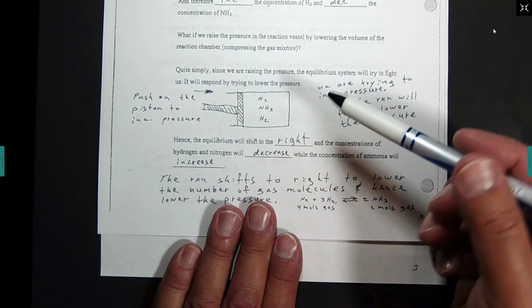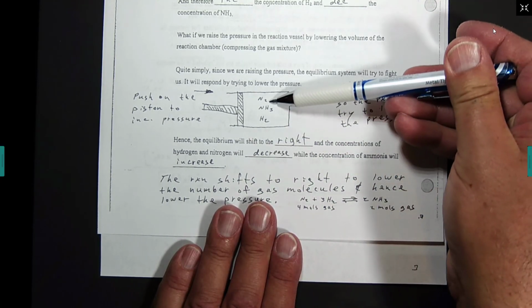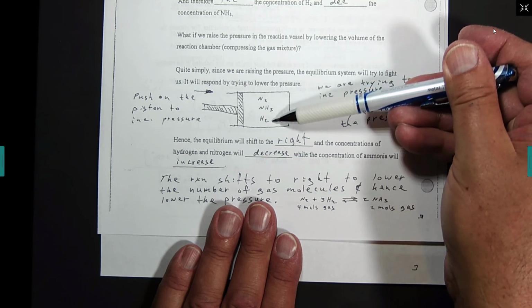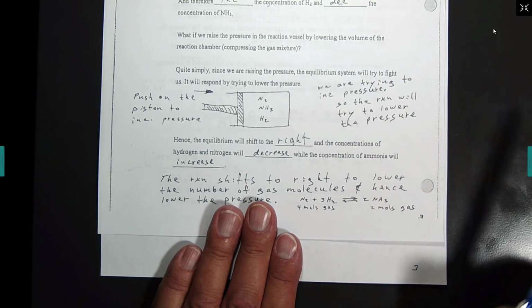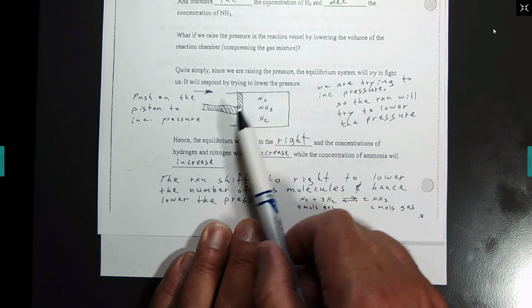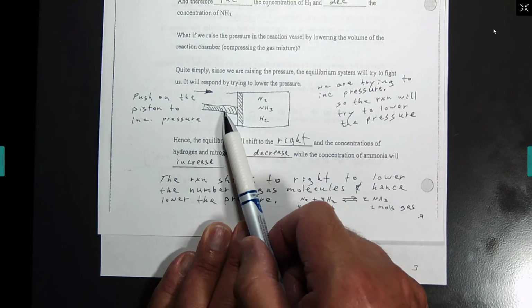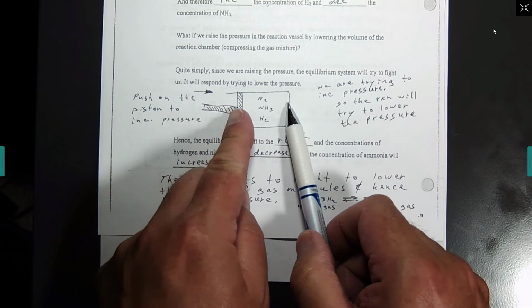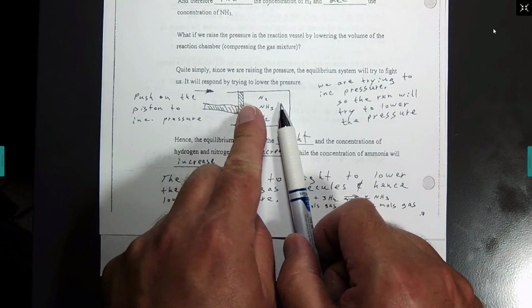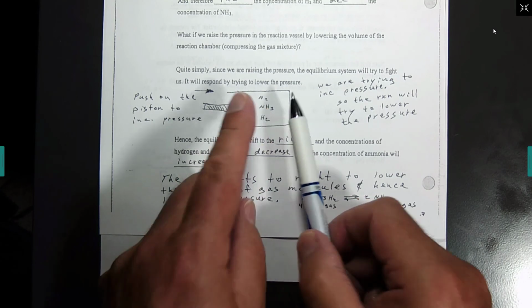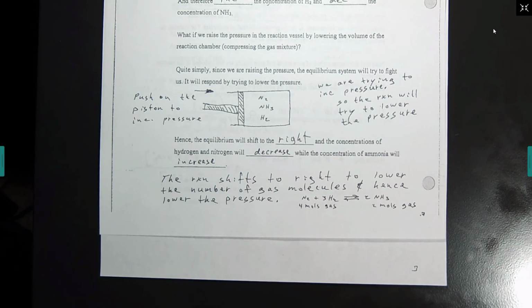Let's say we've got our reaction mixture, we've got our nitrogen gas, our ammonia gas, our hydrogen gas. They're at equilibrium, and let's say it's in a cylinder here, and here's a piston. So this is a piston that I can push down. I can push down on this, and I can compress this, make the space smaller. If I make this space smaller, I'll of course increase the pressure.